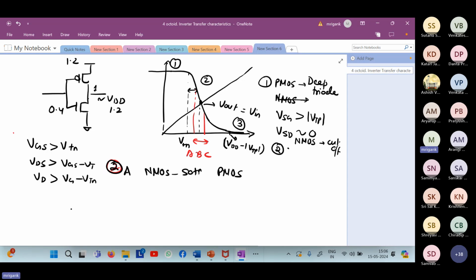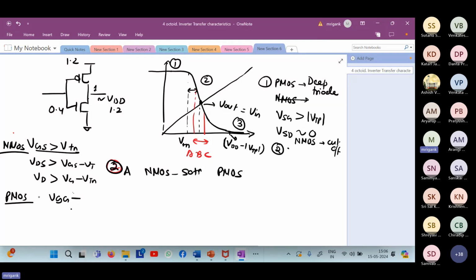So in this case, the gate to source voltage is large, where gate to drain voltage is small. So for the PMOS, what is the condition? This is for NMOS. For saturation region, this is the condition. For PMOS, VSG, if it is greater than VGS, VDS is greater than VSG minus mod VTP.